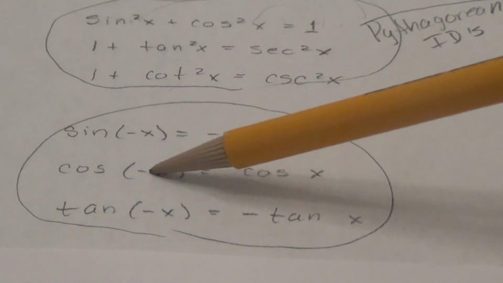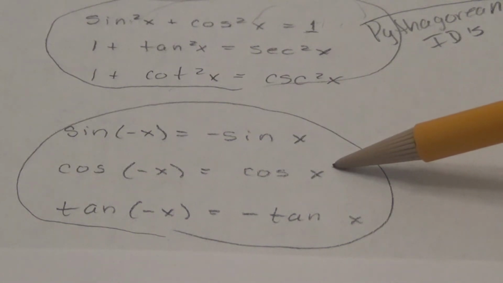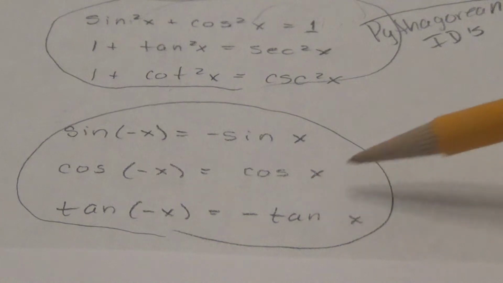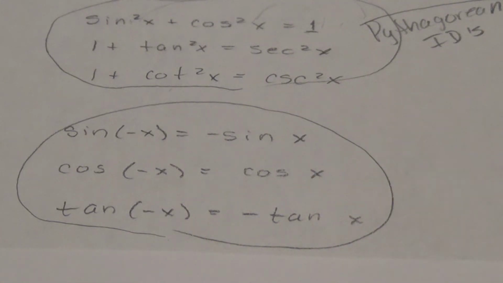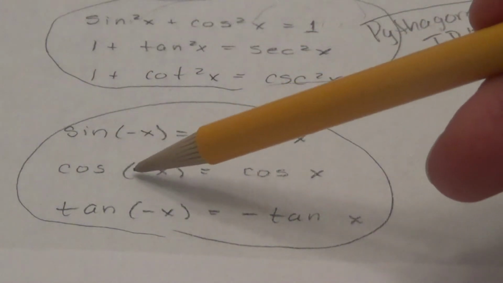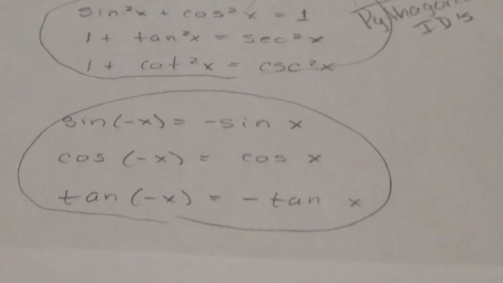Cosine of a negative angle is the exact same thing as cosine of the positive angle. And tangent of a negative angle is negative the tangent of that positive angle. So we can see that relationship, and I grouped those together because they all deal with the fact there's a negative sign inside the argument.